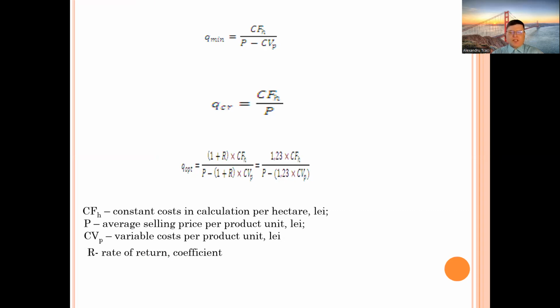Determining maximum productivity requires, parallel to the division of costs into variables and constants, the calculation of unit cost and profit per unit of product and per hectare. Depending on this, the cost per unit of product will be presented as follows.